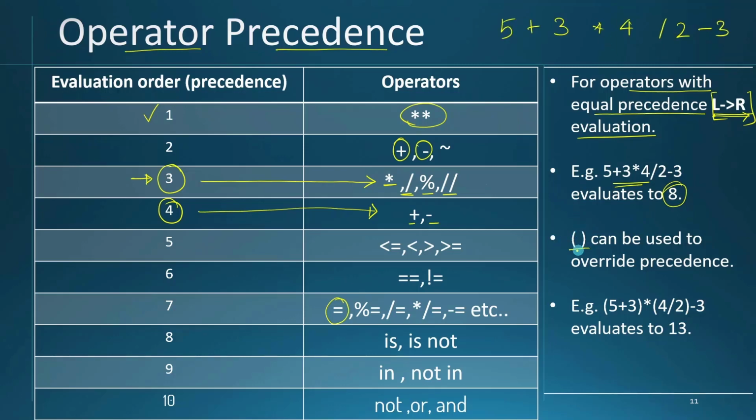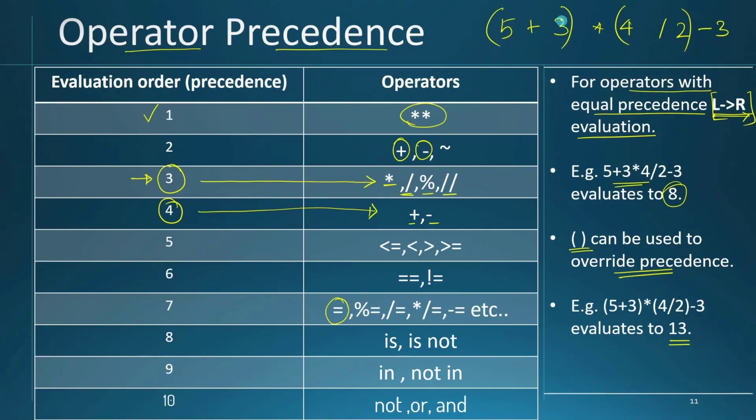Now you can use brackets to override the precedence that is set inside Python. When you write this expression, you may have a special requirement. You want 5 plus 3 to be done first, and after that you want to divide 4 by 2. Then you multiply the results of these two operations and then subtract 3.